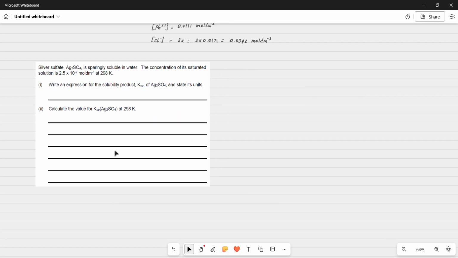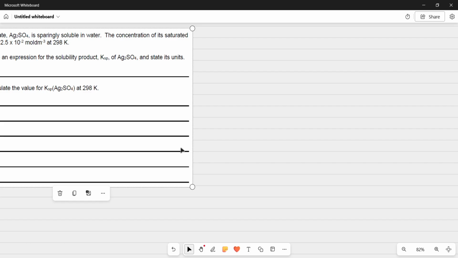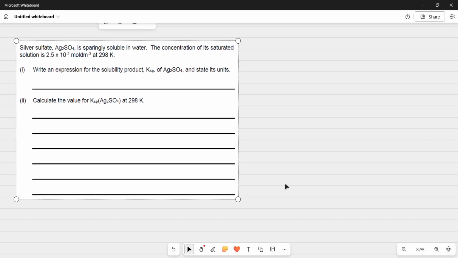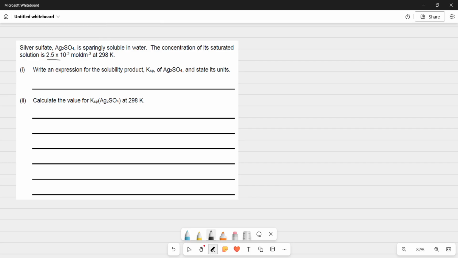So this is another question where we are going for calculation of KSP from the solubility. Here the concentration is given. So you are having Ag2SO4. You are getting 2 Ag plus aqueous plus SO4 2 minus aqueous.